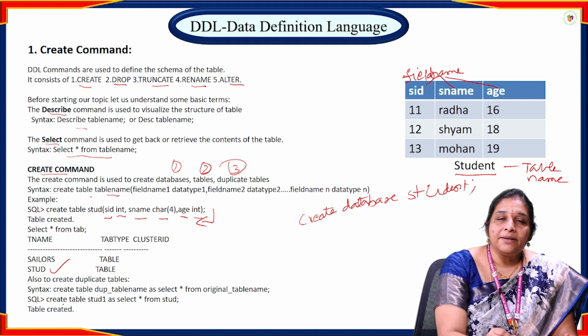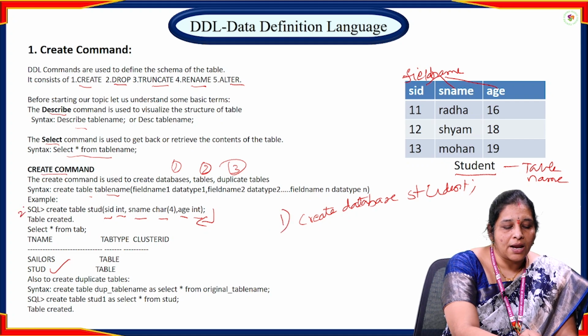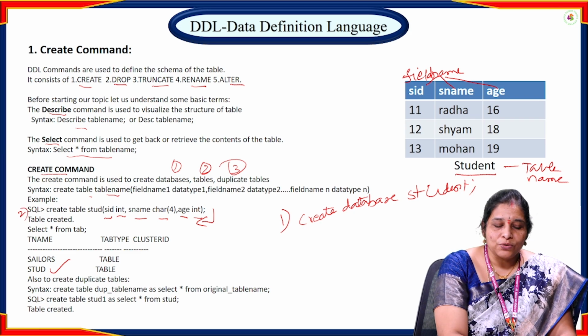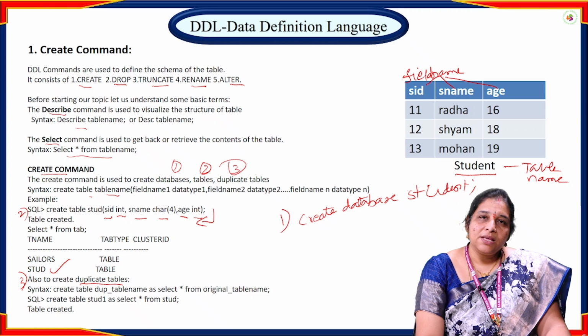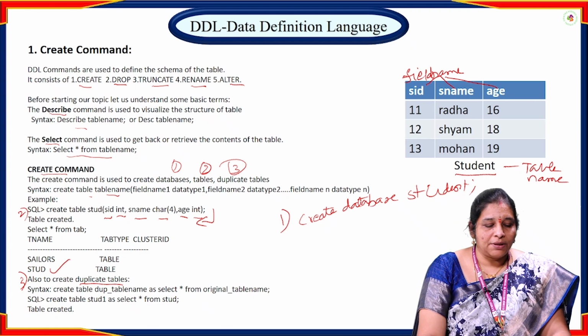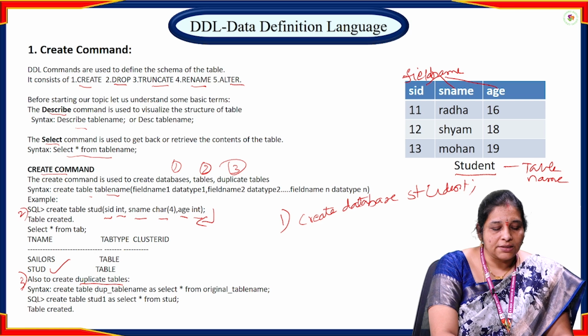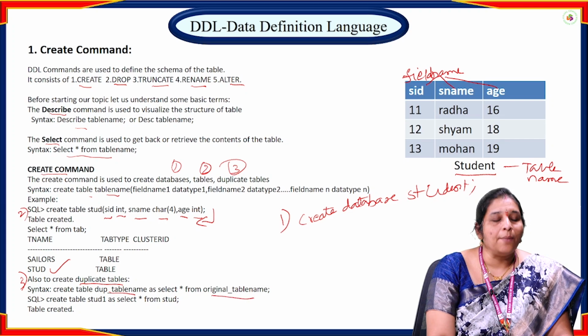Now, the create command, as I told you, is used to create databases, to create tables, and it is also used to create duplicate tables. Where these duplicate tables are used in general, I will let you know a little bit later. Right now we will see the syntax: create table, duplicate table name as select star from original table name.